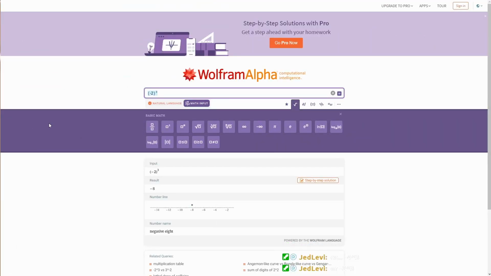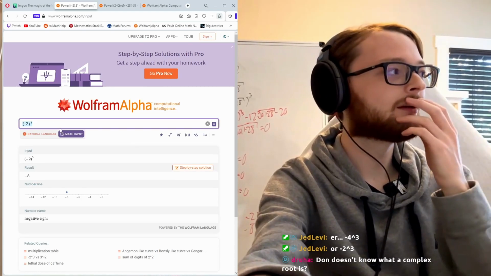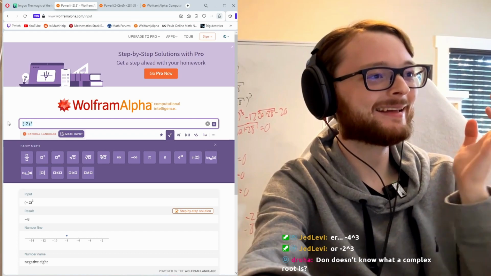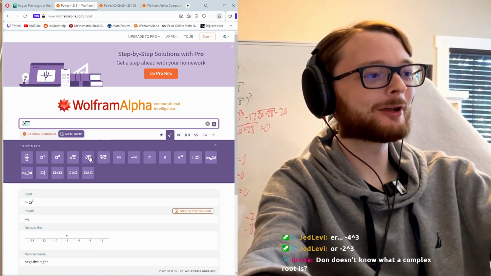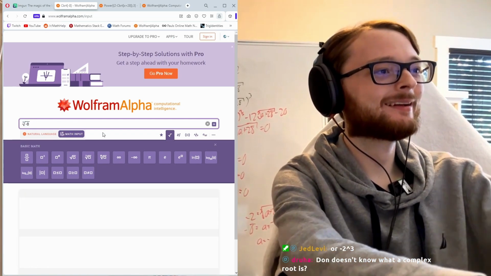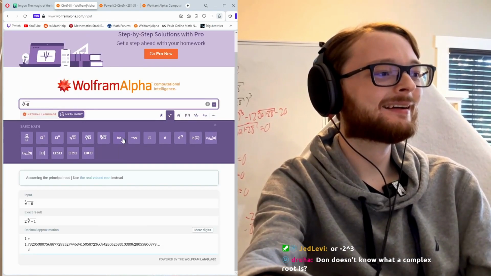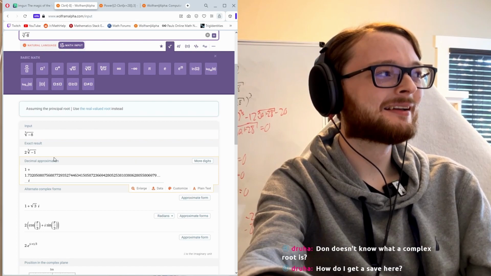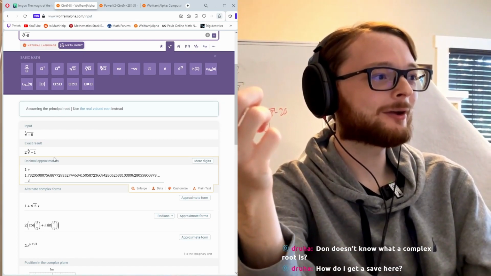What? Oops. What? I pressed F11. Well, I think Wolfram Alpha doesn't know what a complex root is. The cube root of -1 is -1. Am I crazy?